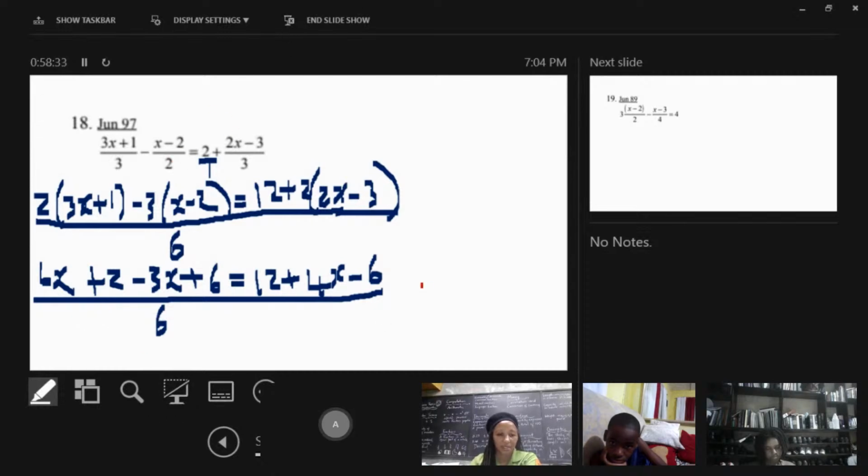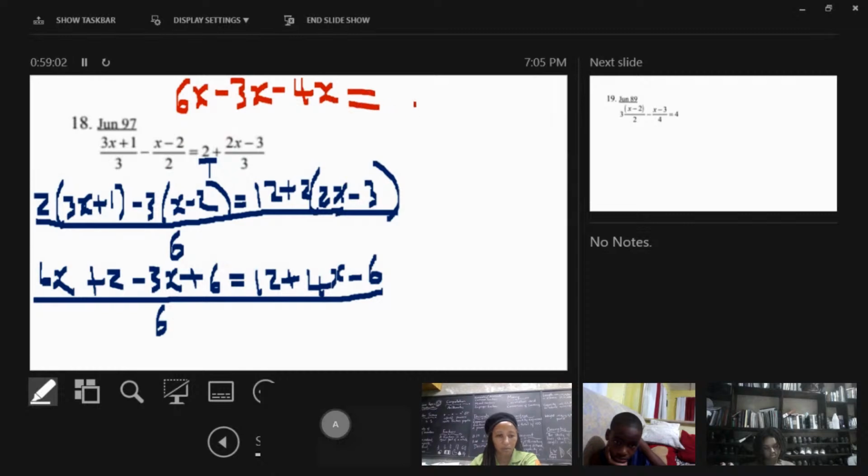So let's group the like terms. I'm going to put it up here in red. Now we're trying to make x the subject of the equation. So we're going to have 6x minus 3x, and we want all the x's on the one side, so minus 4x, because we're bringing over the 4.